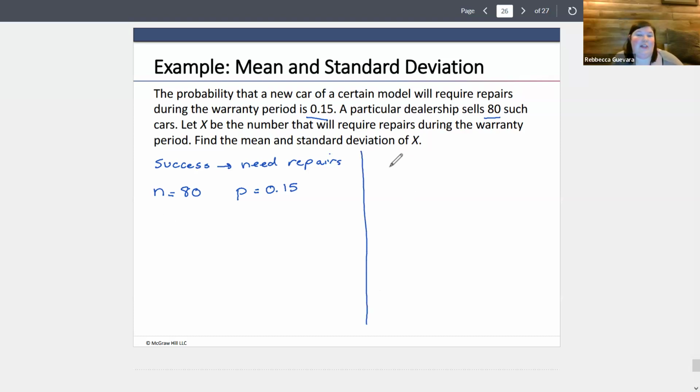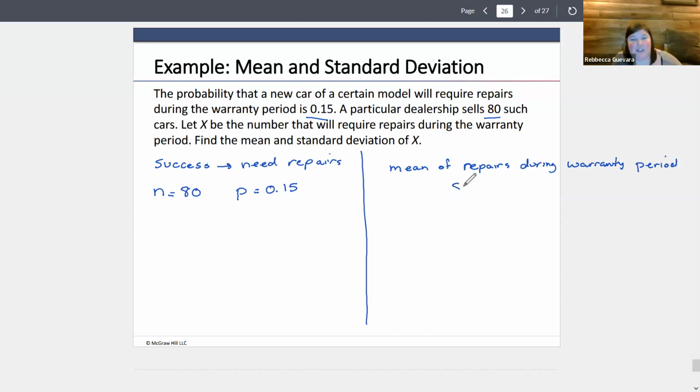So if I want to figure out the mean here, this is going to be the mean of repairs during the warranty period, because that's my x's, how many times I'm going to need repairs.